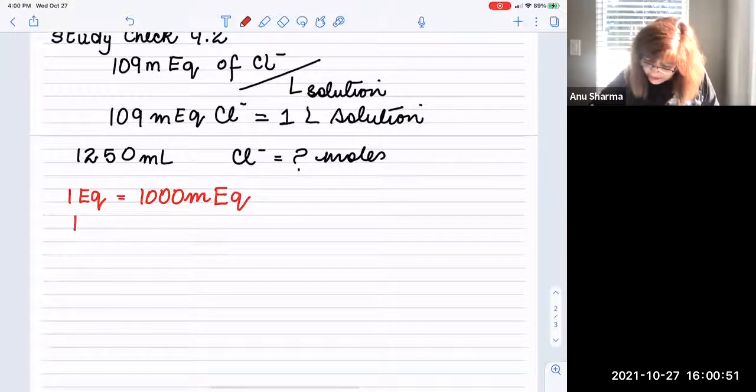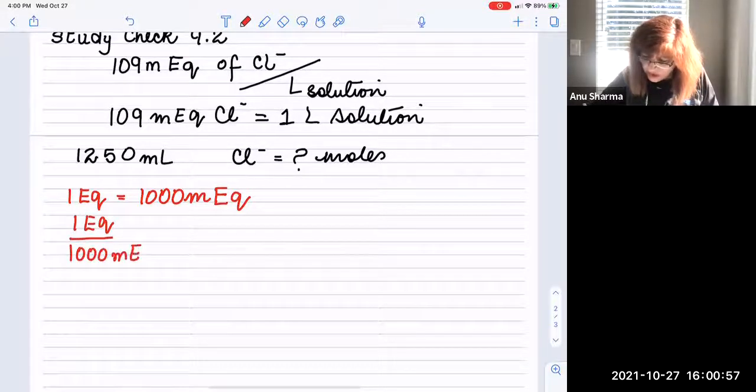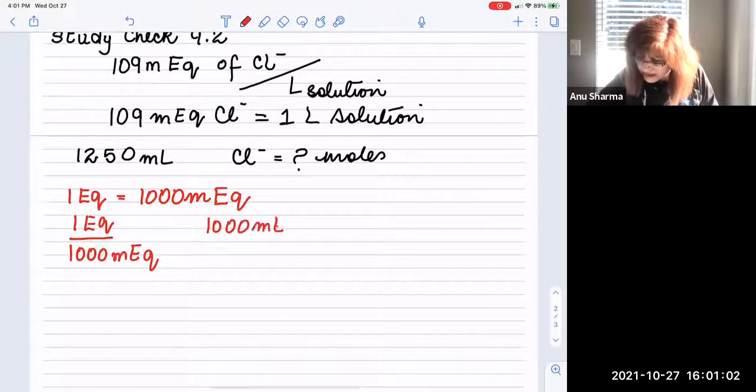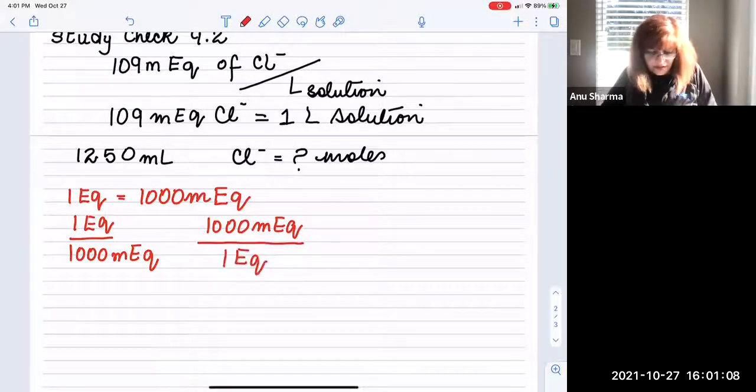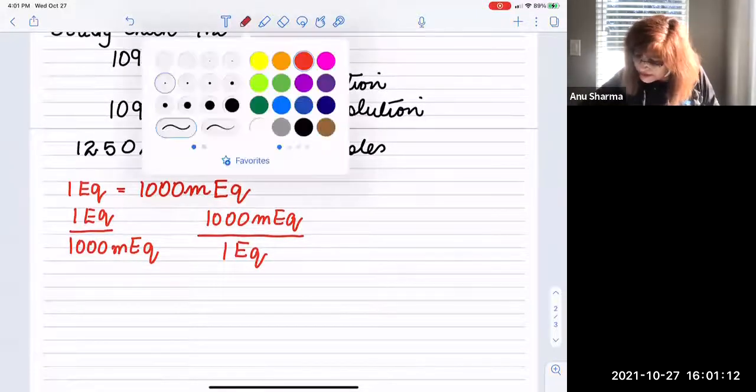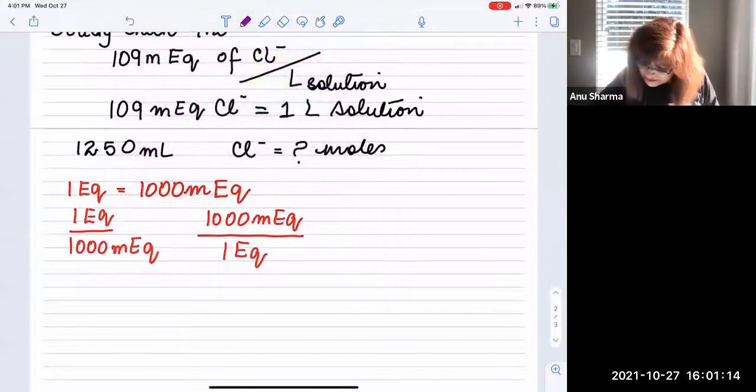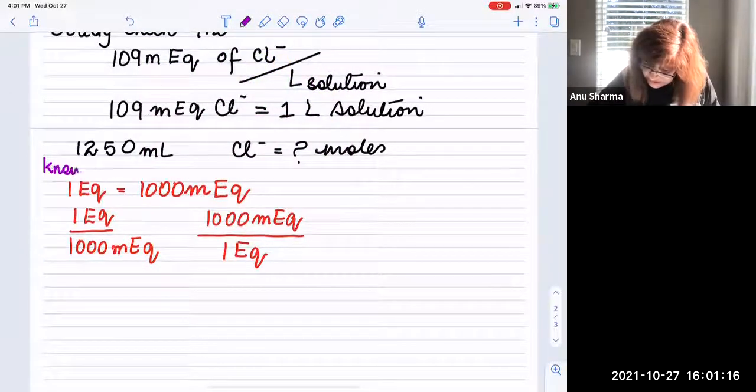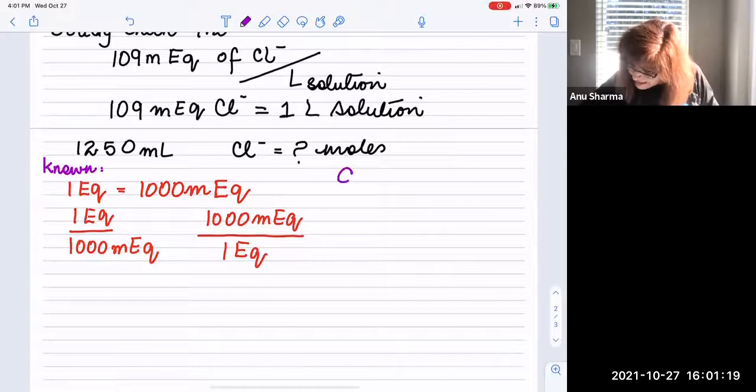So the conversion factors would be 1 equivalent over 1,000 milliequivalent, or 1,000 milliequivalent over 1 equivalent. Then what is given to us? You are given this thing.